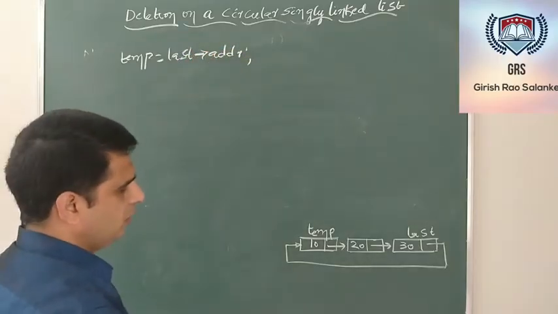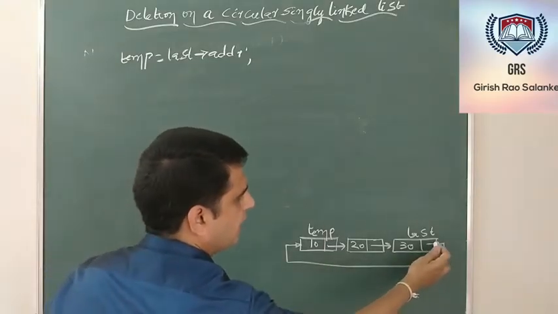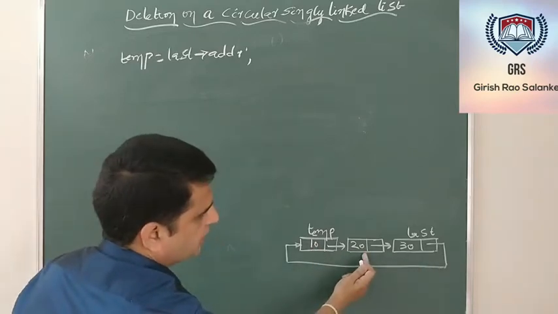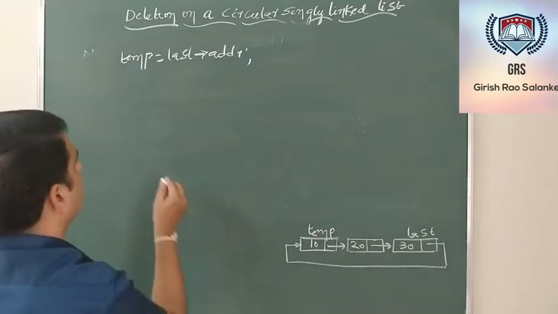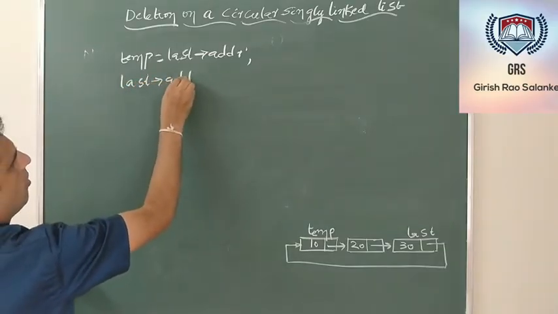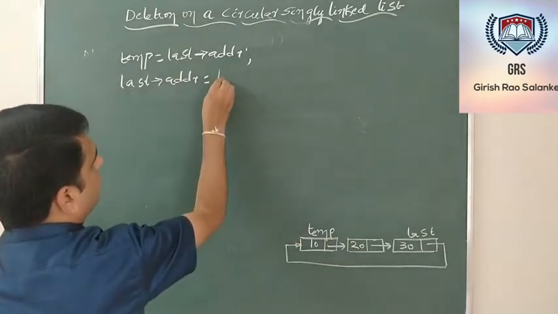Now I know that the node to be deleted is temp. Before deleting temp, make sure that last of address, instead of pointing to temp, now points to the second node. Second node address is there in temp of address. So last of address is equal to temp of address.